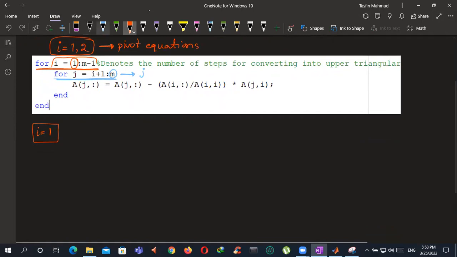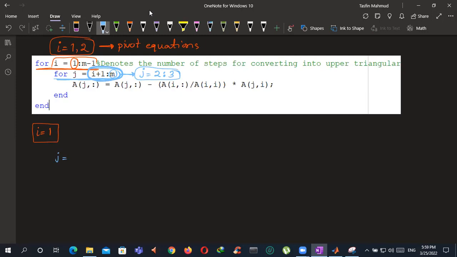So for this loop, the value of j will be what? J will iterate I plus 1 up to m, right? I plus 1 means 1 plus 1, the value of I is 1. So 2 to m, the value of m is 3. So j will iterate for 2 and 3. So let's first consider j equals 2. Then we will iterate for j equals 3.